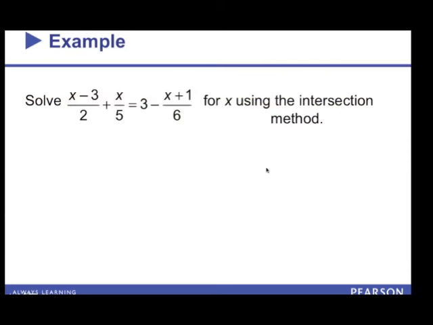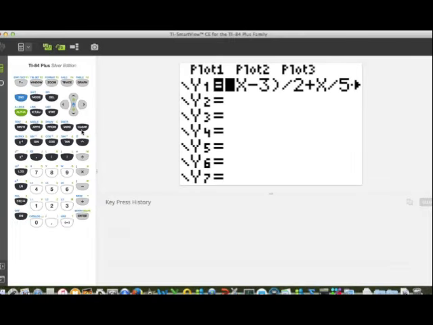We have the same equation to be solved, so we know the solution is x equals 5, but we'll show you how to do that with the calculator. So we'll enter this as y1 and this becomes y2. You'll see that on the calculator. We're doing the intersection method of solving these fractional equations.